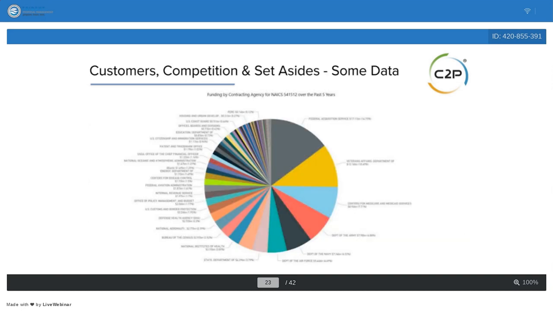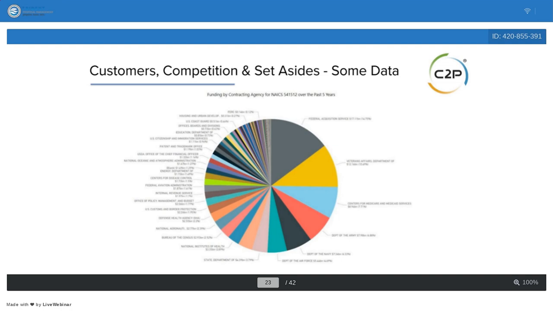All right. So now we're into some of the data, and these slides may be hard to read if you're on a smaller screen. Just remember that you'll be able to get a copy of them later. For this, we're just looking at the funding by contracting agency based on this NAICS code in the past 5 years: 541512, which is the NAICS code required for getting a spot on Polaris.